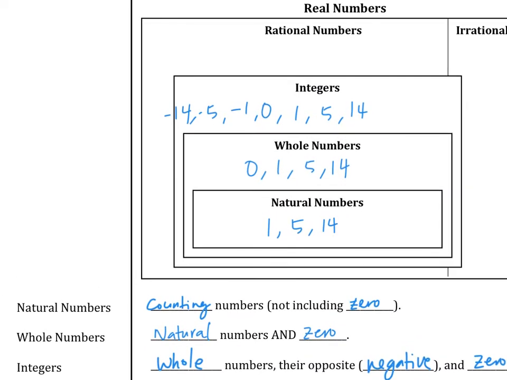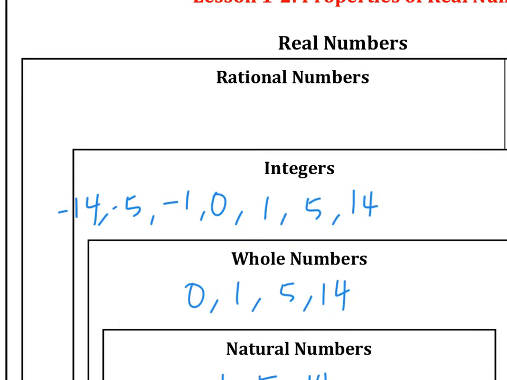Next one up, rational numbers. Now we're getting to categories that are a little bit more specific. Can someone give me an example of a rational number? Okay, 2.4, correct. 1/2, that's correct. 5.57, okay, good.